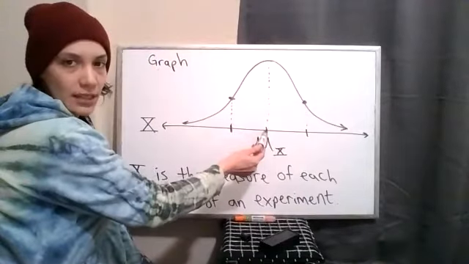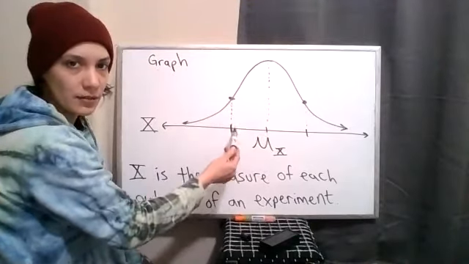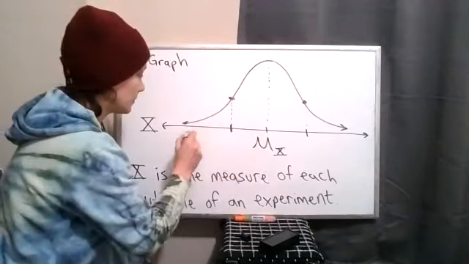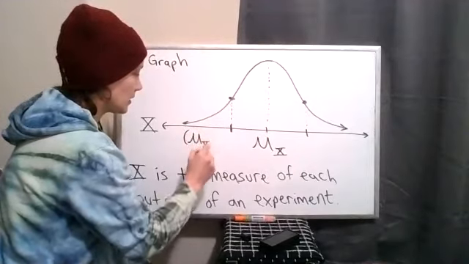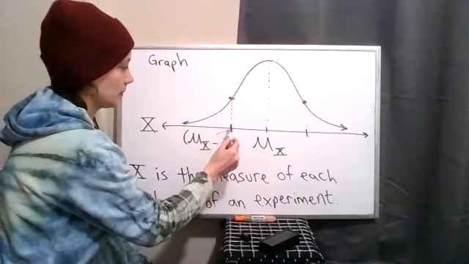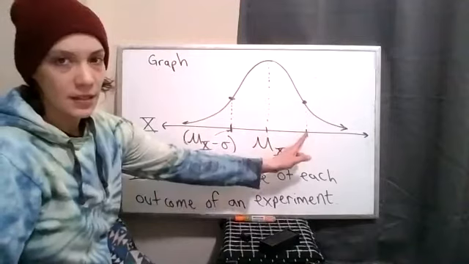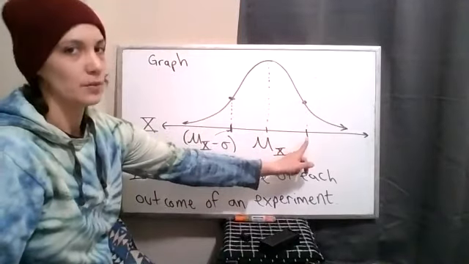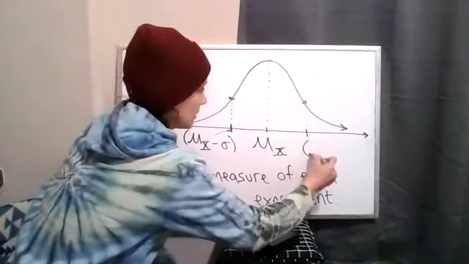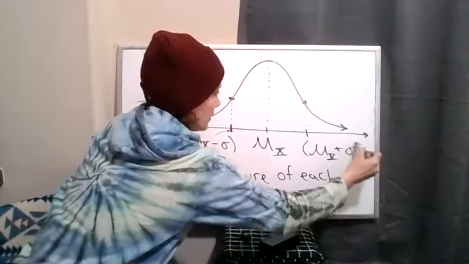So if you subtract one standard deviation, it matches up with the inflection point on this side. Mu sub X minus sigma. It's right there. And then add one standard deviation is where the other inflection point would be. Mu sub X plus sigma.